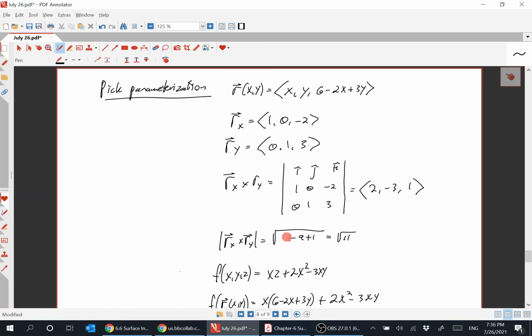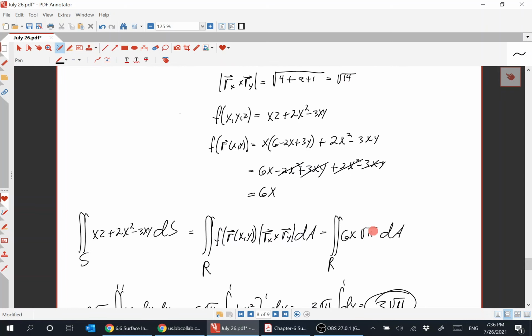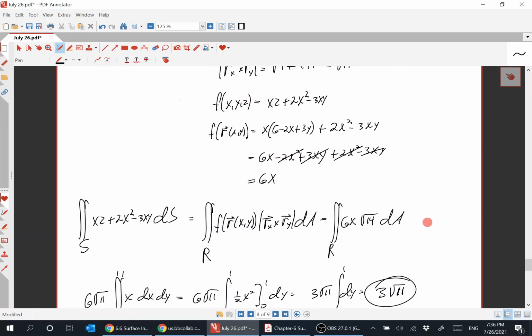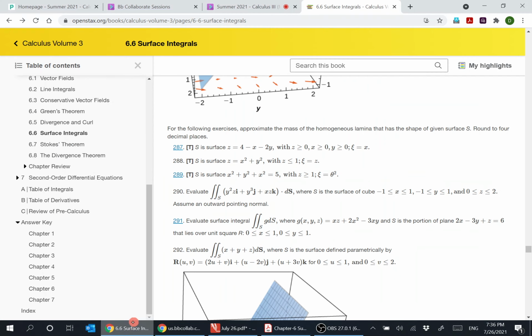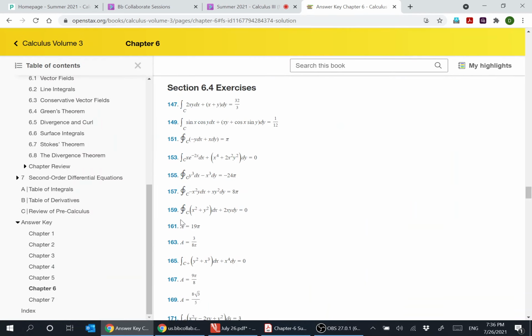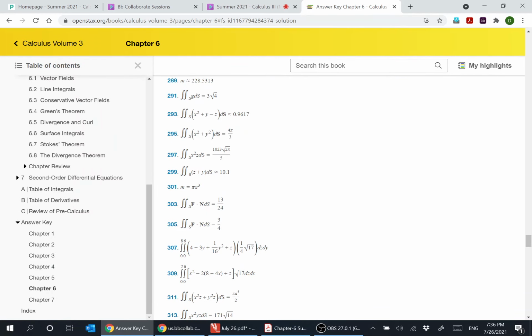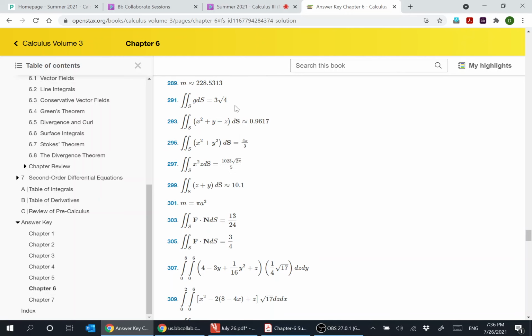So that's 4. So this is root 14. Is that what the answer was in the back? I think they mean 14, because root 4 is equal to 2. And this is right.